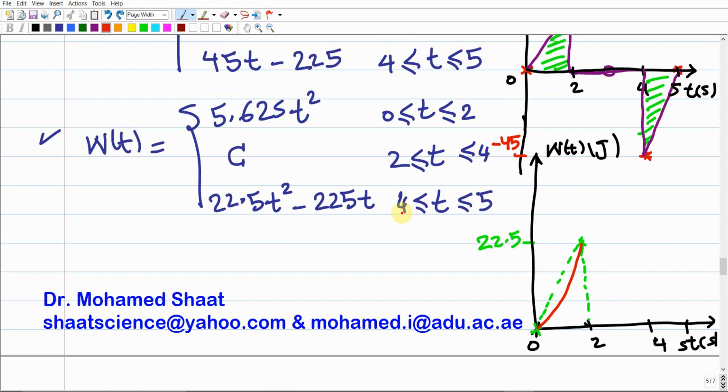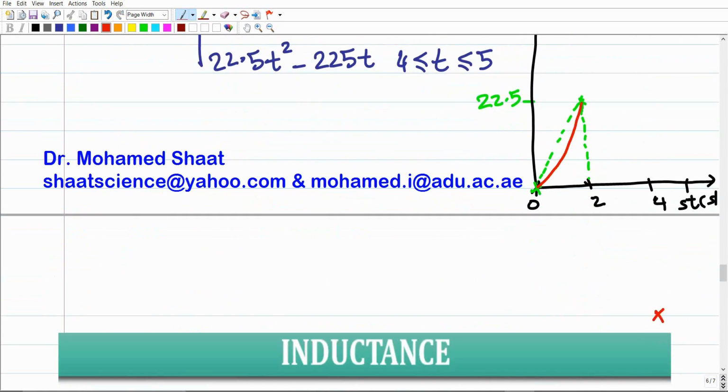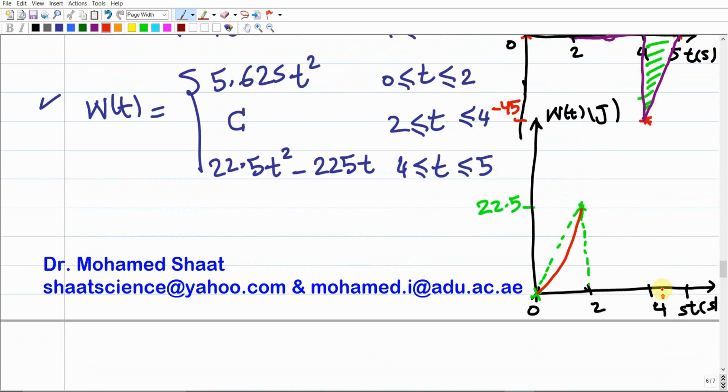So for example, if we substitute t equals 4 here, we end up with 22.5 times 4 times 4, negative 225 times 4. This gives us negative 540. So it should give us a point that is way down here, right?